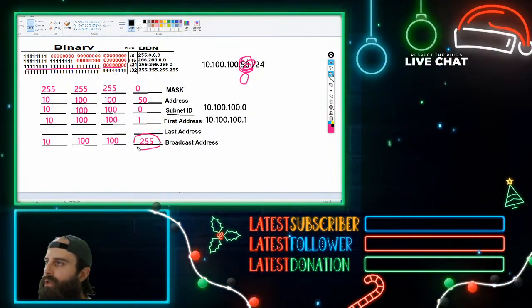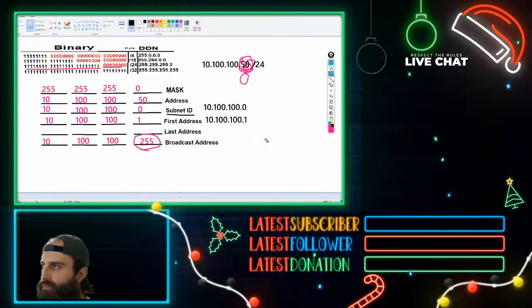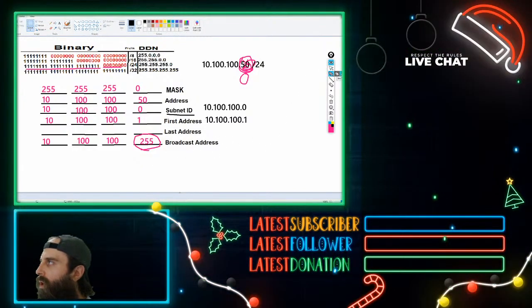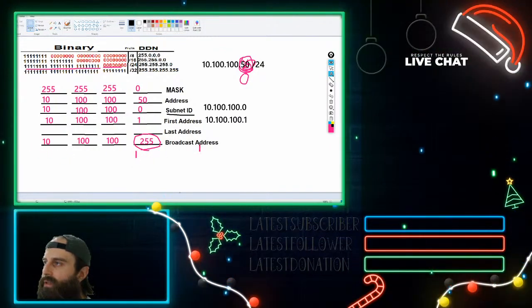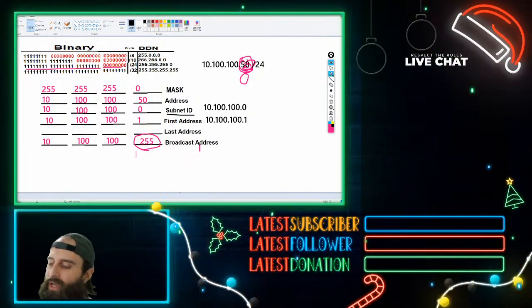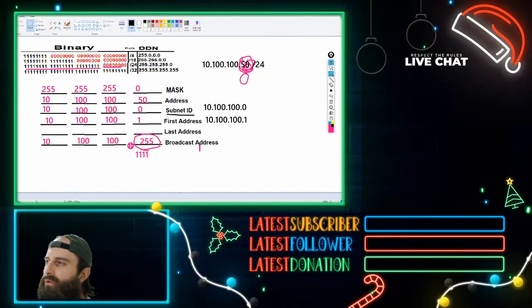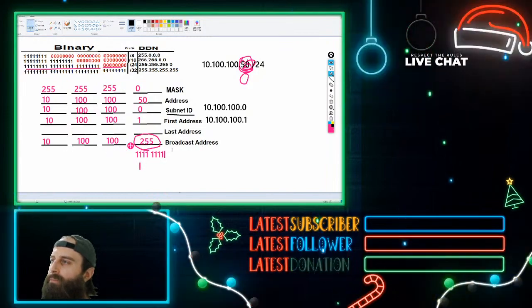Remember, the 50 is identified as host portion because all of these are binary zeros. Now remember, 255 is 8 binary ones. So all we did was take the very last address in that range and fill the rest of it with binary ones, equaling 255. And that's how we come up with our broadcast address.